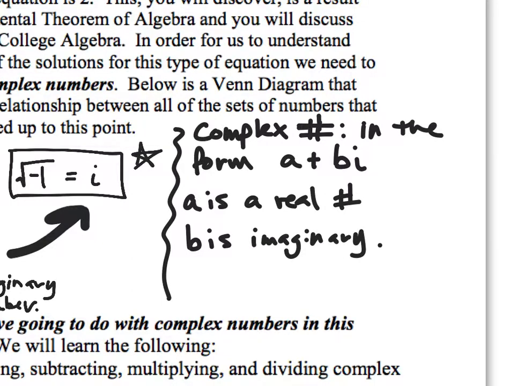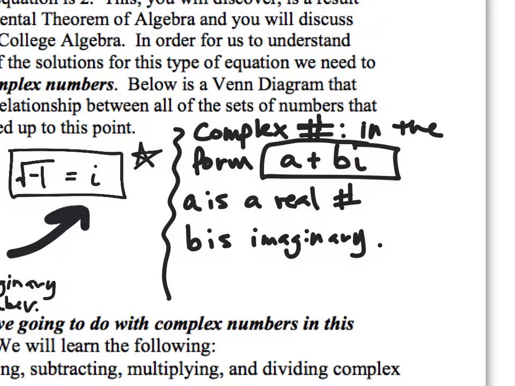So when you put them together, this a plus bi is a complex number. And that's it. You have a real component of it, and you have an imaginary component of it.